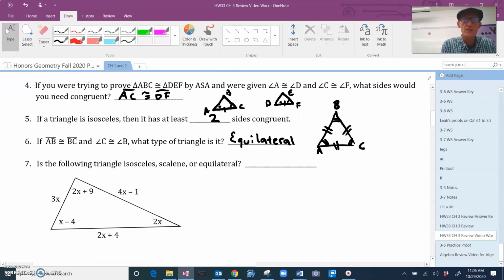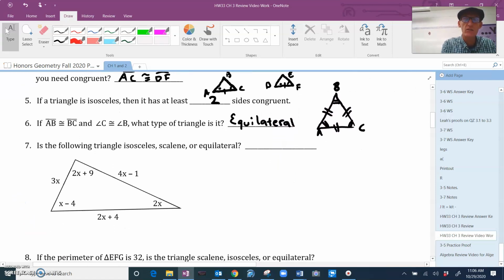Number 7, is this triangle isosceles, scalene, or equilateral? Well, the only fact that we have is that the 3 angles equal 180. So what I have to do is take this expression, and this expression, and add them together to get 180. So 2x and 1x is 3x, and 2 more x is 5x.